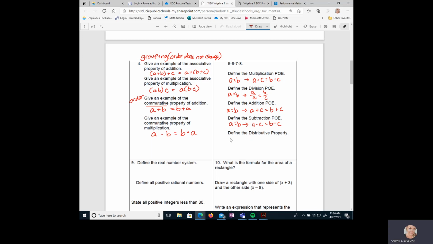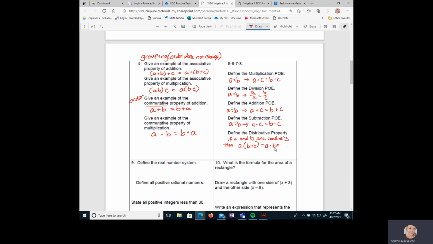And then the distributive property, if A and B are real numbers, then A times B plus C is the same thing as... Nope, back up.